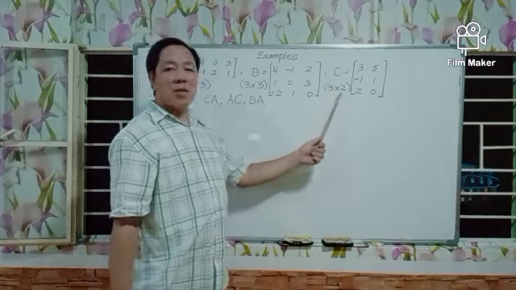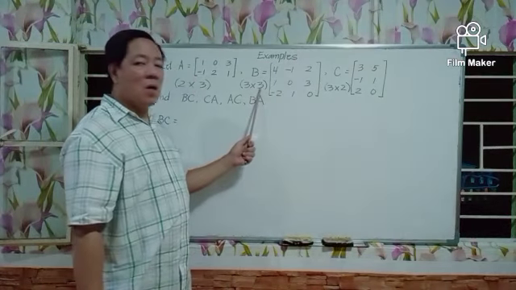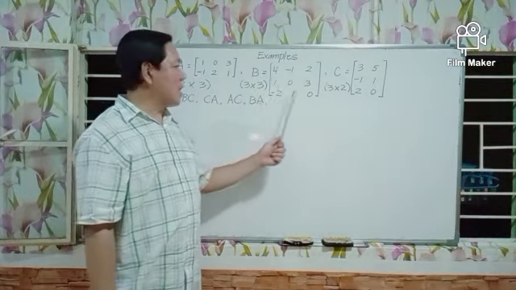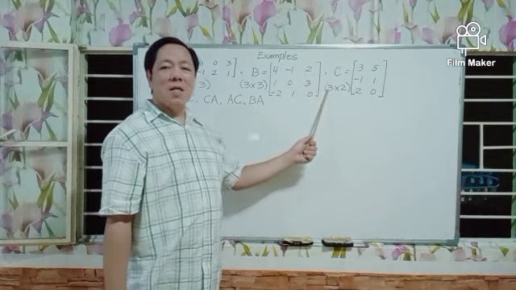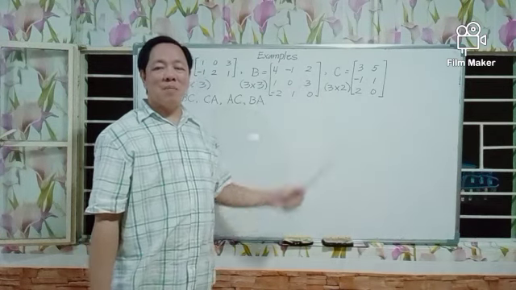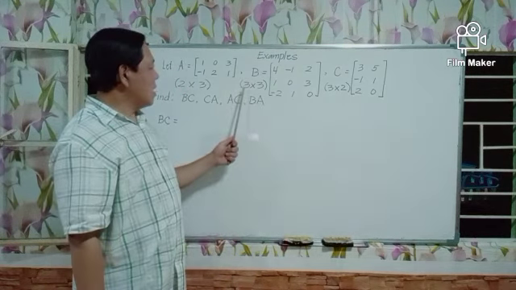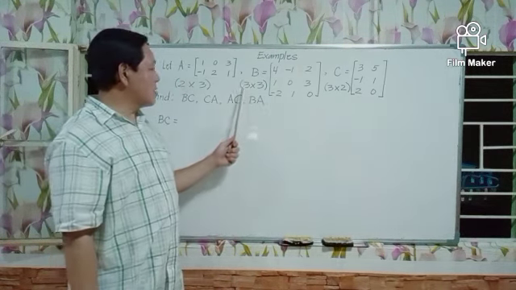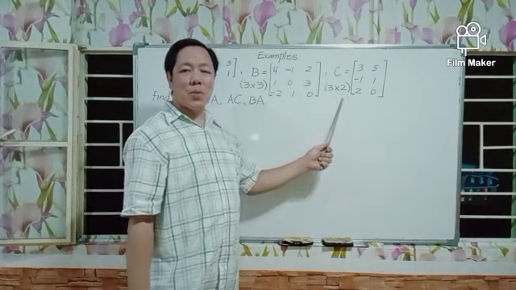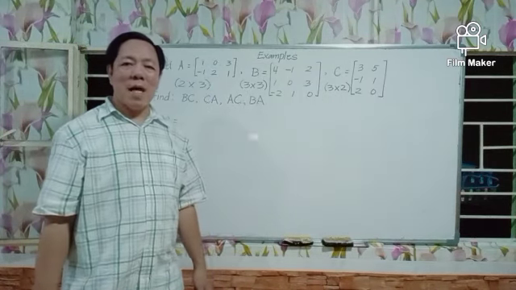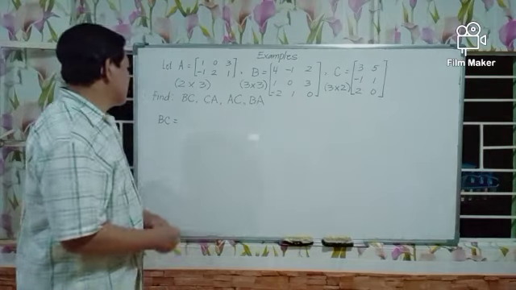C is a 3 by 2 matrix. The number of columns of B is equal to the number of rows of C. Therefore, we can multiply B and C. The product is defined. And the size of the product is 3 by 2, with 3 rows and 2 columns.